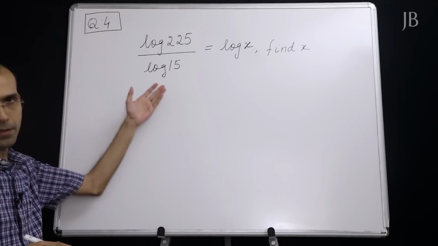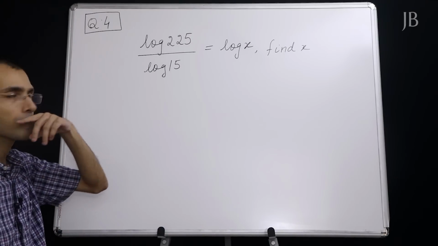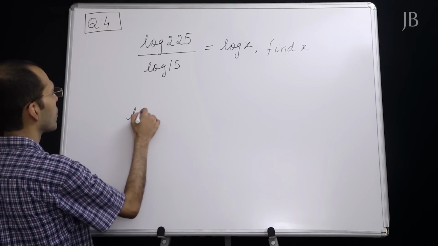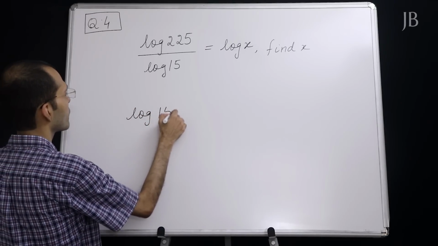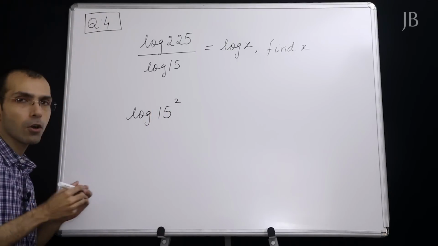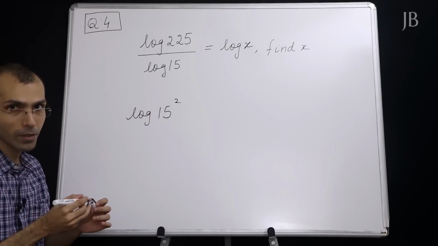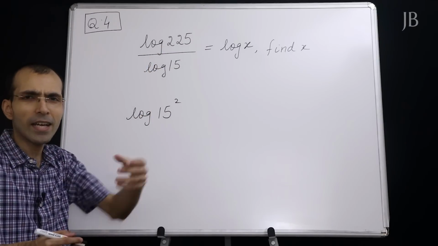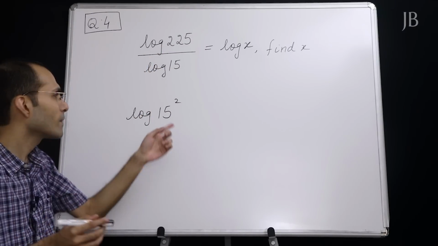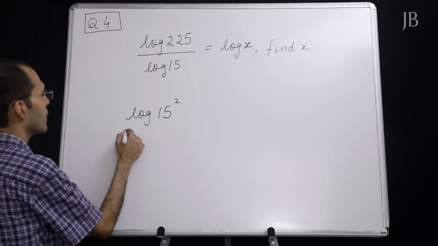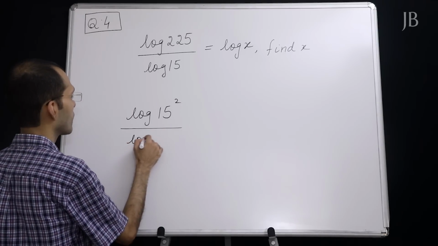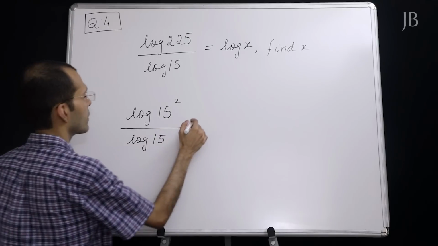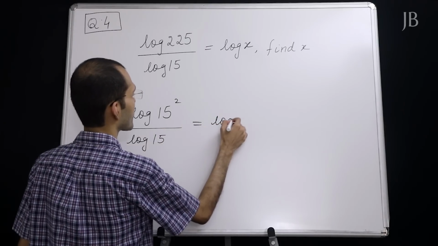So now how do we tackle this? We apply our third law. This will be log of 15 square, not log 15 the whole square, mind you. It is log of 15 square, because this 225, I am just writing in a different format, 15 square, upon log 15 is equal to log x.